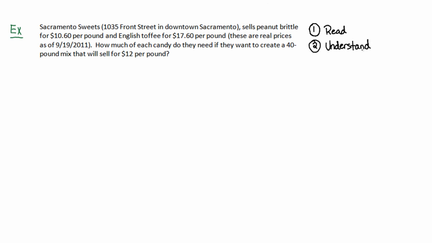A second step is to understand what the problem is asking you to do. And in this step, you can do things like draw pictures. You might want to paraphrase what it's saying just to give yourself a better idea of what's going on. But usually, if you can draw a picture, you should draw a picture.